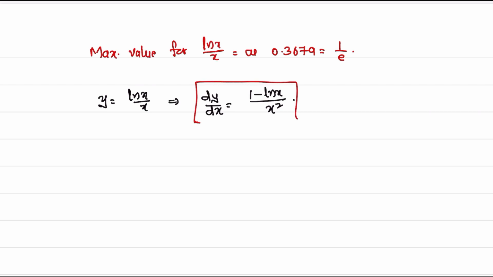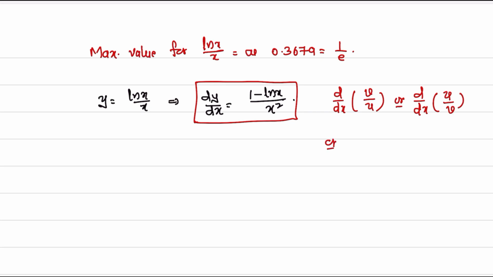This is nothing but the v by u formula, d by dx of v by u, the division of two functions. ln x is one function and at the bottom, x is another function. Or you can assume u and v to your convenience, or write d by dx of f(x) by g(x).